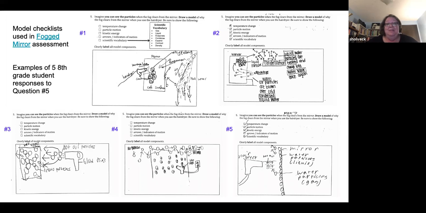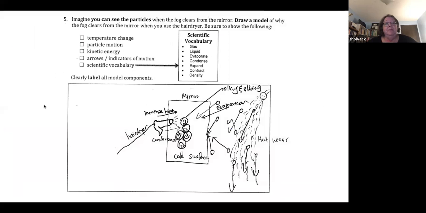They have arrows, they have some of the things that we've been talking about. And I think we have one that's a bit bigger. So we just wanted you to take a minute to look at this student and think, are they showing the basic idea of condensation, of where the water vapor is coming from the hot shower, where it's going to, that it's a particle.